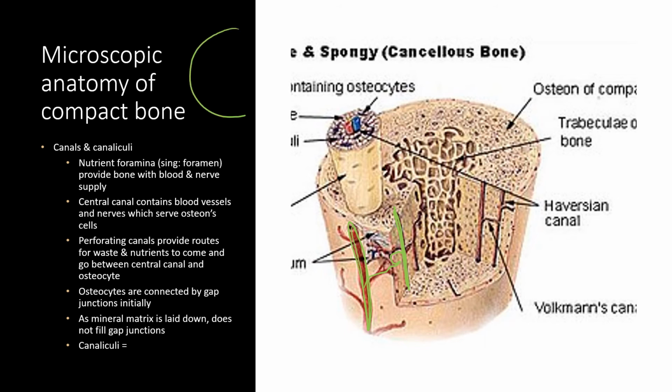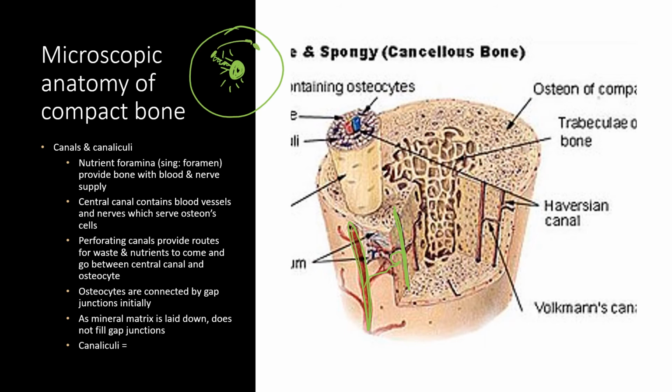So if you have an osteon here, central canal here, and an osteocyte here, you'll have these little perpendicular cracks, basically, that communicate the osteon and its lacuna with the central canal so that wastes can percolate through that canal. Osteocytes are connected to one another.